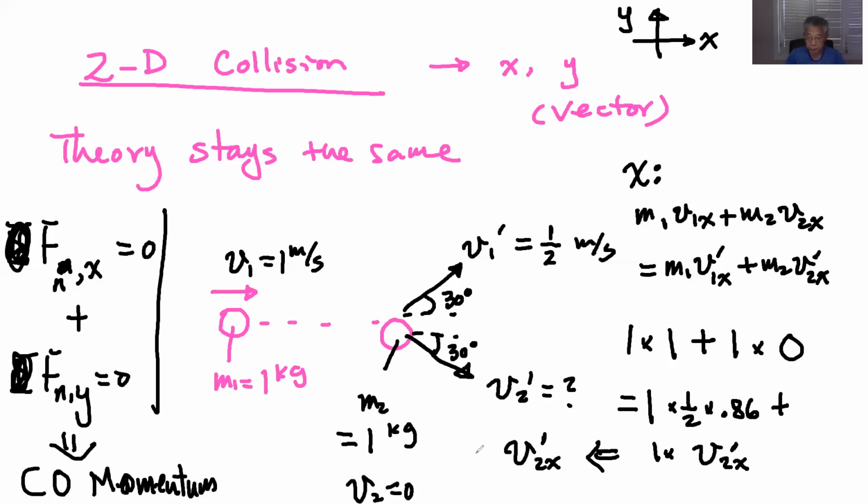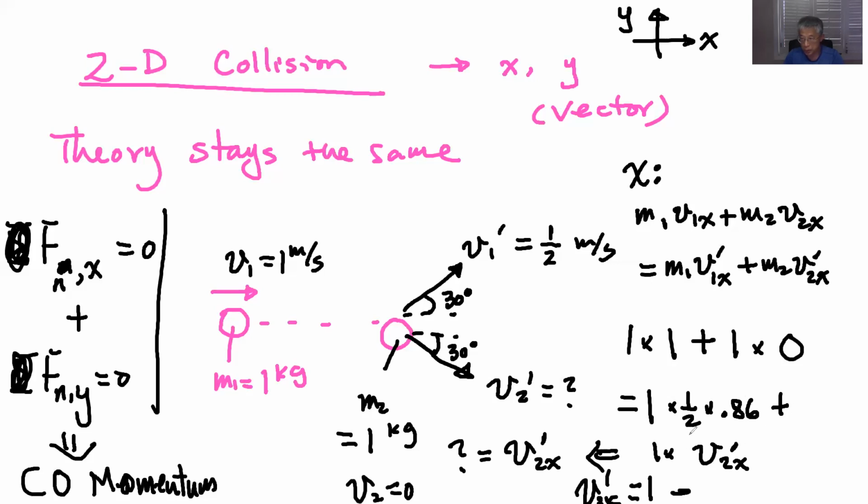Okay? It's equal to how much? All right? So let's try to solve it here. So it's going to be 1, V2x prime is equal to 1 minus, right?